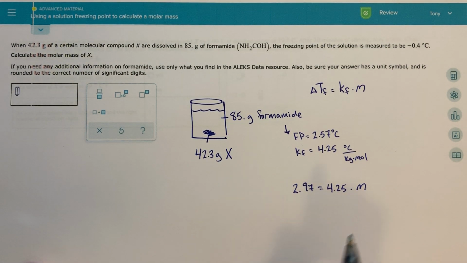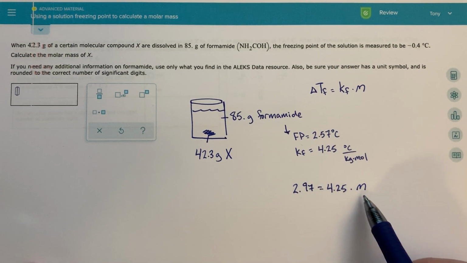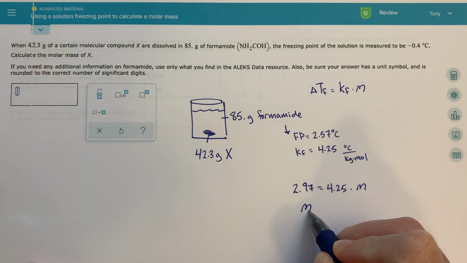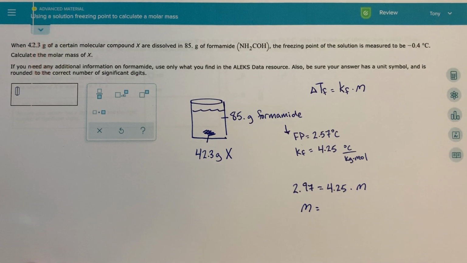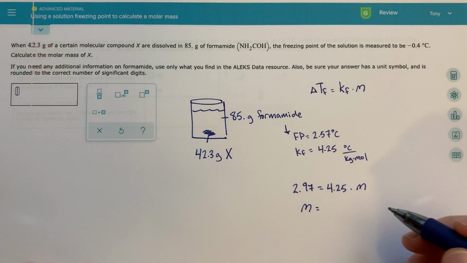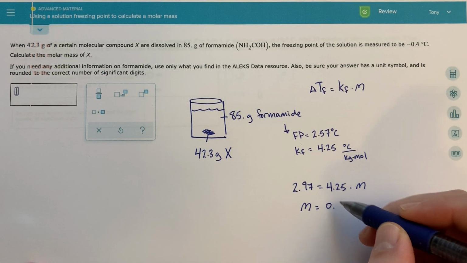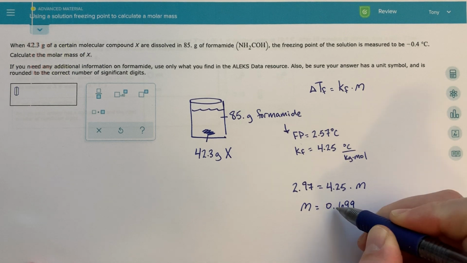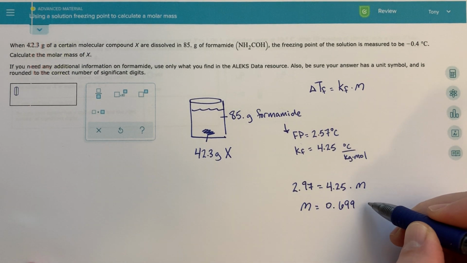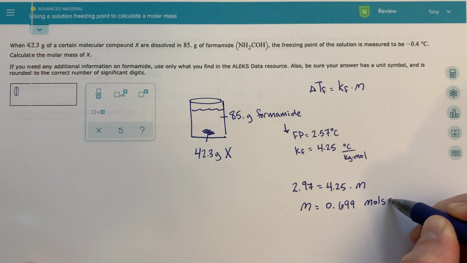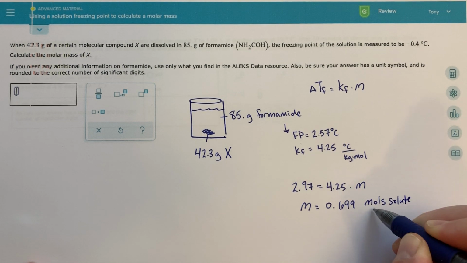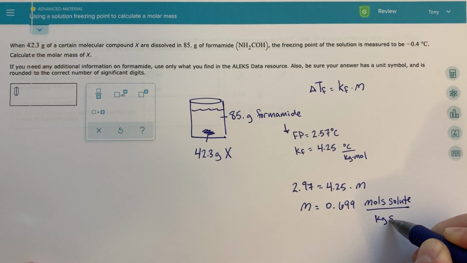We'll talk a little bit more about that. But right away, I can solve for my molality. We do this quick calculation, and molality ends up being 0.699, and then I'm going to write the units for that. That's going to be moles of solute divided by kilograms of solvent, right?